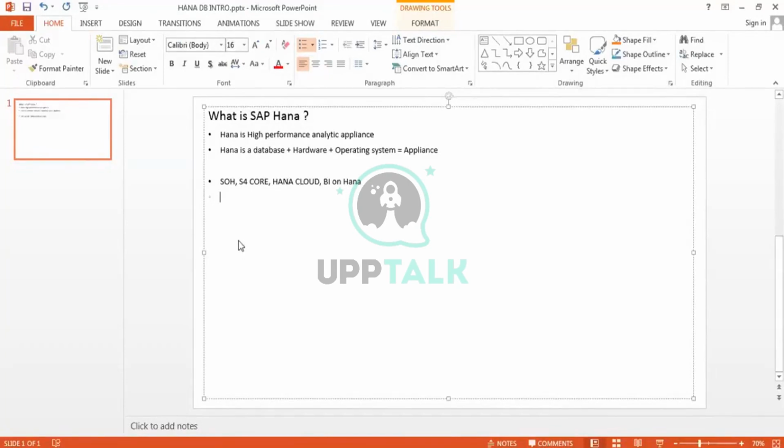Understood, and migrating is also a challenge. Yes, there is a definite challenge. S4 core, HANA Cloud, these are the offerings that SAP is giving to people who are on ECC, to migrate, so that they get migrated.